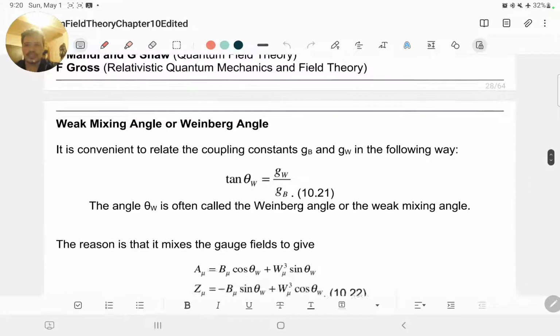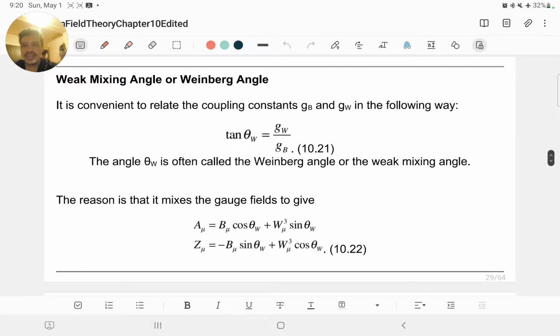So we're now going to discuss the weak mixing angle or Weinberg angle. And by the way, before I forget, I have discussed the fields B mu and W mu 1, 2, and 3.